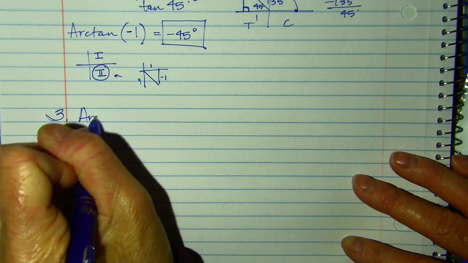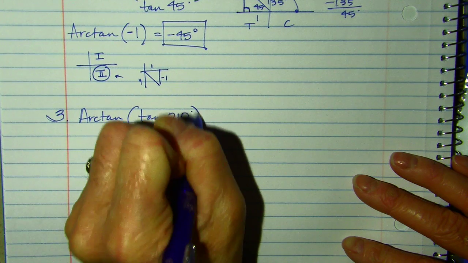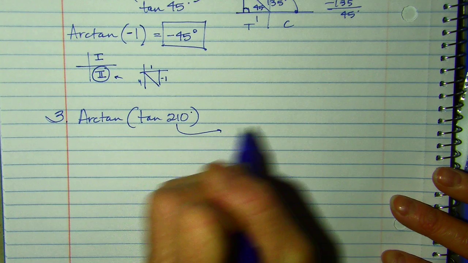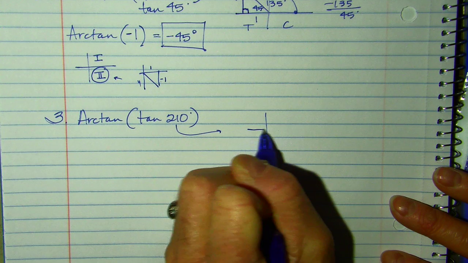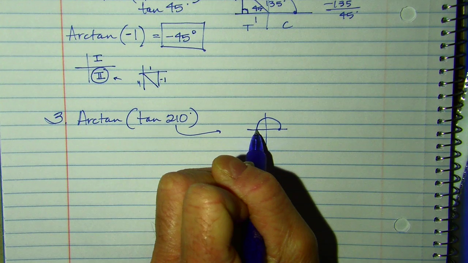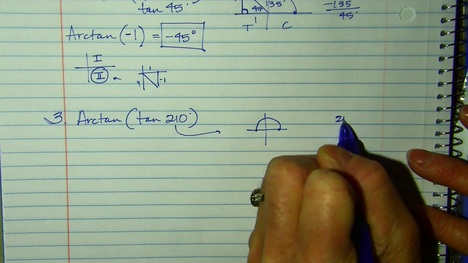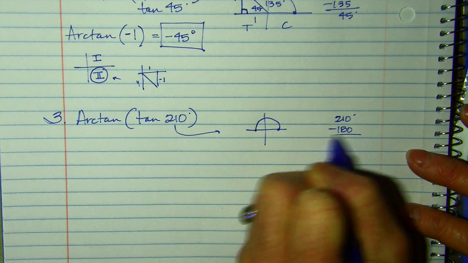All right, what is the arc tangent of the tangent of 210? So let's draw that. If I start here, I know that's 180, right? So, sorry, my screen timed out. Give me 2 seconds. So 210 minus 180 is 30 degrees.